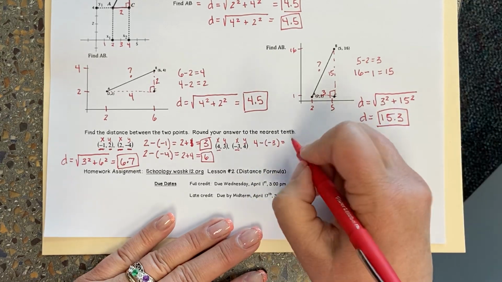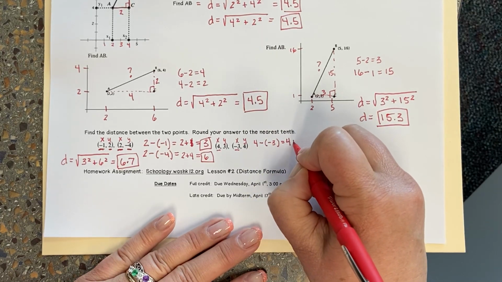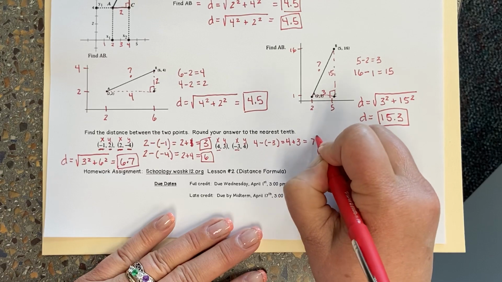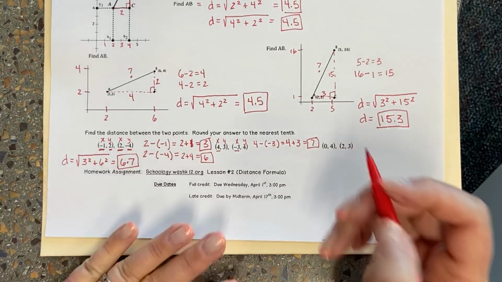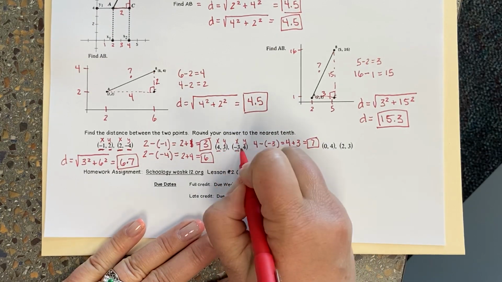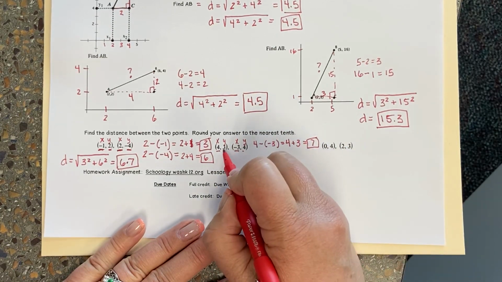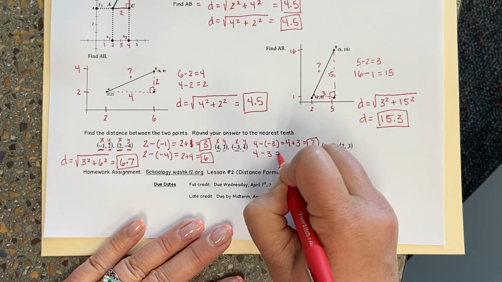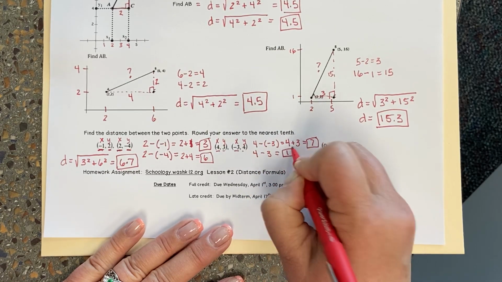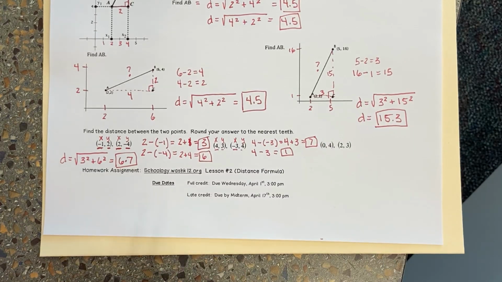Two negatives make a positive. So 4 plus 3 equals 7. So our horizontal leg is a 7. For our vertical leg, we have a 3 and a 4. So I'm going to do 4 minus 3 equals 1. So our vertical leg is a 1.